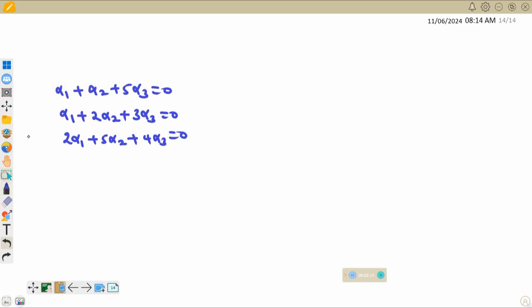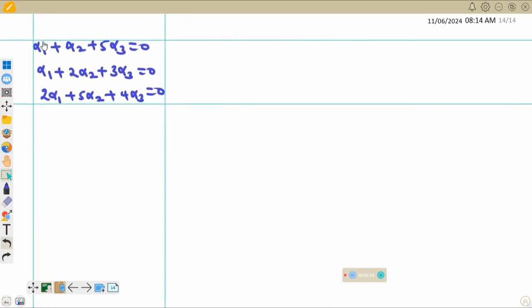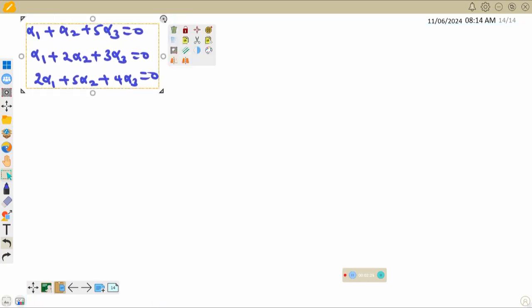So from these three equations, let us try to solve them and see what basically it will give us for the values of alpha 1, alpha 2, and alpha 3. So we can form the augmented matrix.